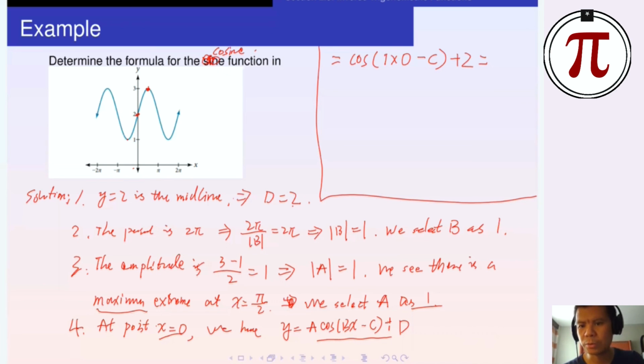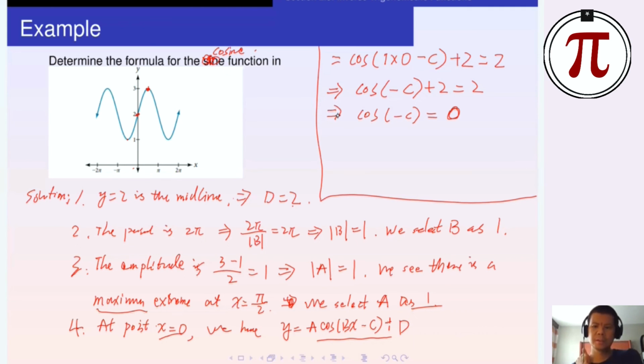We know that this one equals 2. So this implies that the cosine of negative c plus 2 equals 2. That means cosine of negative c equals 0.